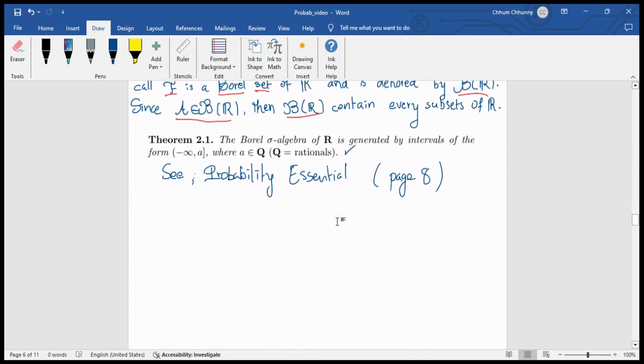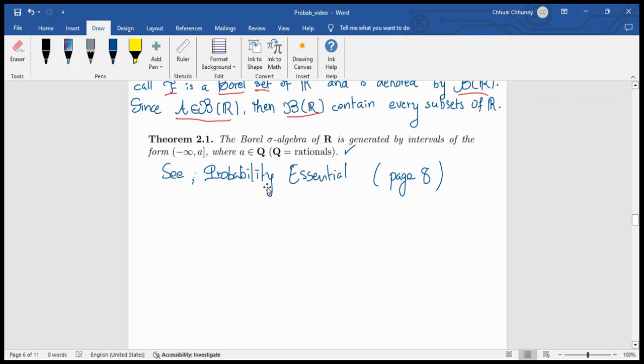We also have a small theorem, which states that the Borel sigma algebra of A, or Borel set of A, is generated by intervals of the form (minus infinity, a], where a is a rational number. I won't prove this theorem, but if you want to see the proof, you can open the textbook.